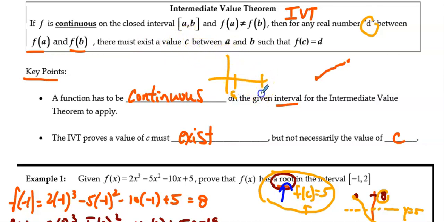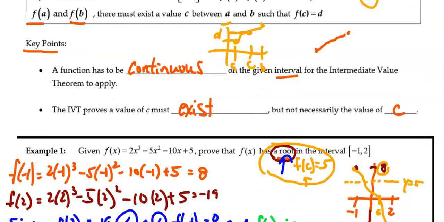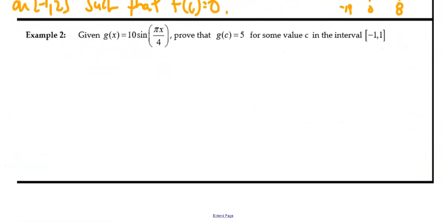So if this is a and this is b, let's say a starts here, b starts here, and so we have some c that's got to cross at some value d. All right, and again, if that makes no sense to you, and I've probably lost some people right there, then just go through the problem and see if you can make sense of it. So try example 2, and I'm going to come back in a second and show you guys how to do it.